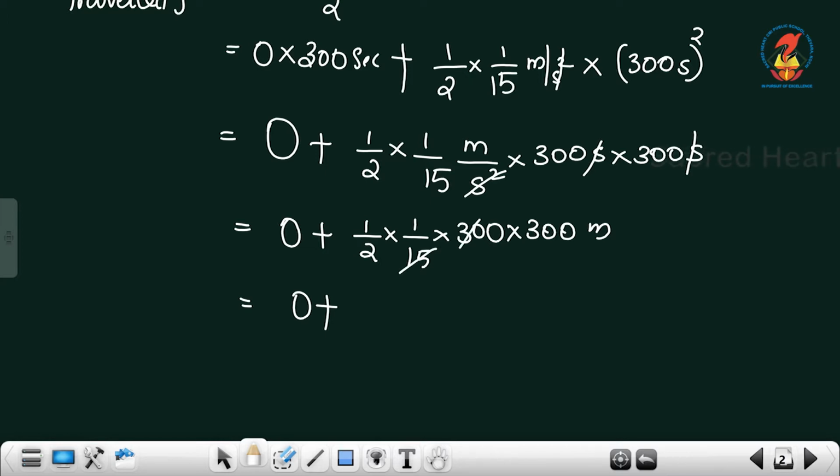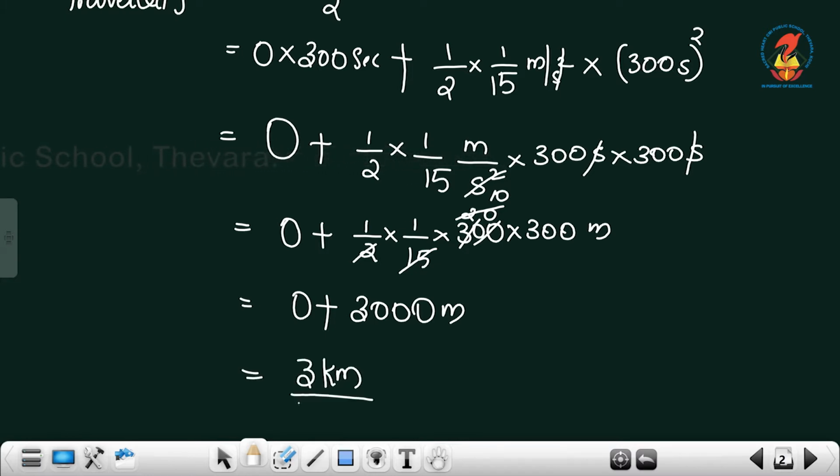So 2, 20, then with 2, 10. So, what's the answer? 3000 meter. The answer is 3000 meter or 3 kilometer.